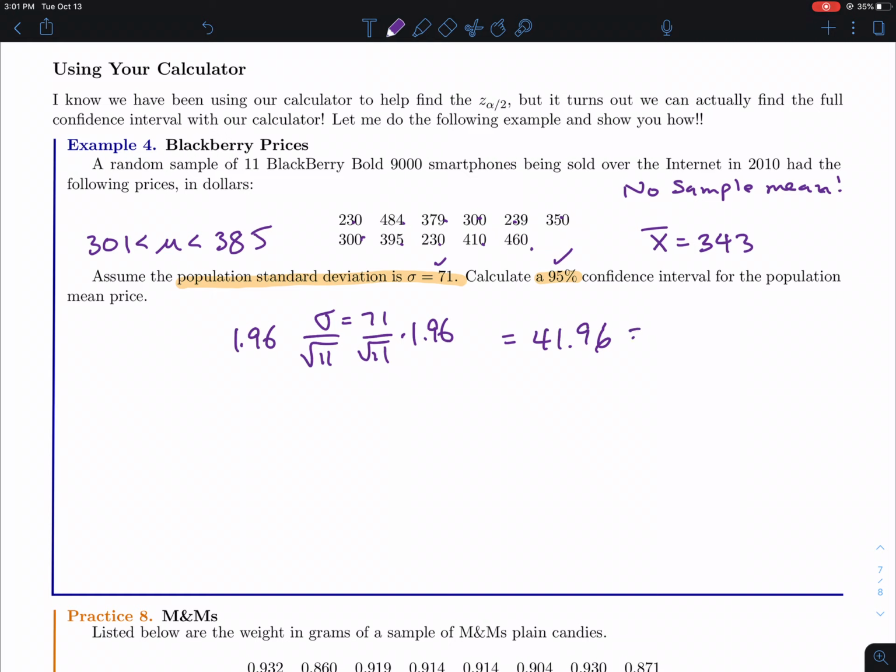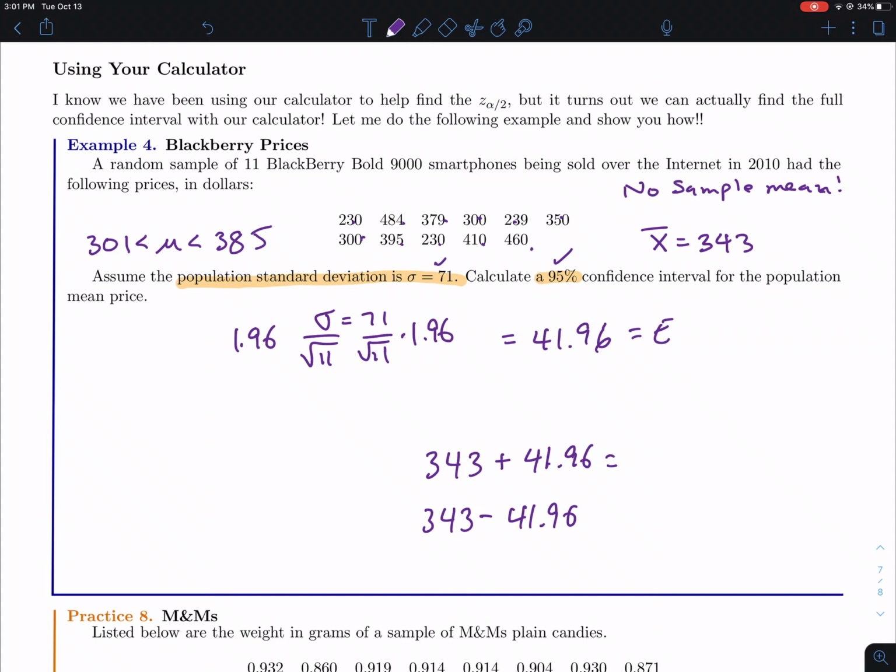So that's going to be our error. So if we add this up, we get 343 plus 41.96, 343 minus 41.96. And granted, I did some rounding, so it won't be exactly what we got on the calculator.